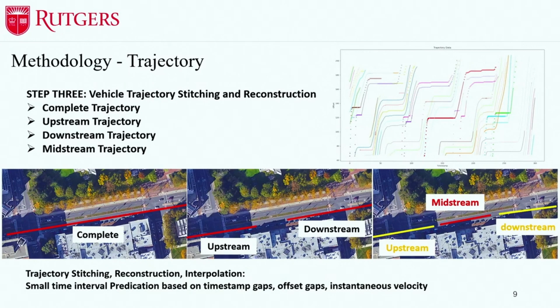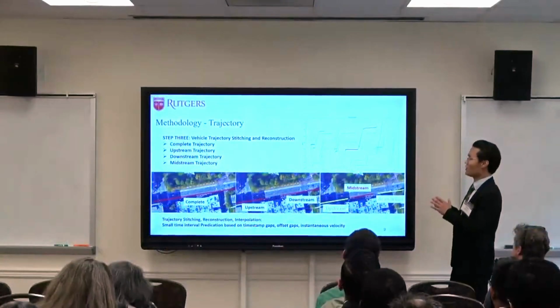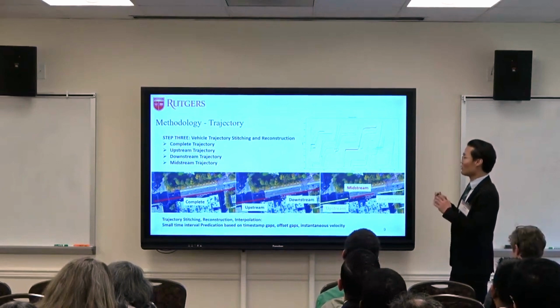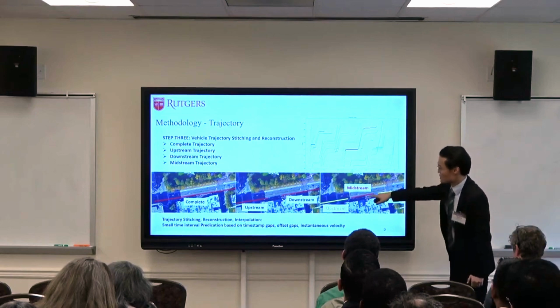So it can be divided into 3 parts: the upstream, midstream, and downstream trajectories. Based on these categories, I do some prediction based on the broken time interval, the offset gaps, and the speeds of the vehicles to stitch these trajectories back together, and interpolate and reconstruct the missing points within these broken areas.